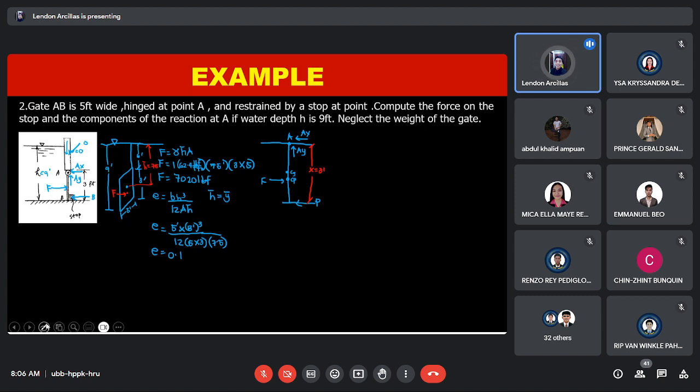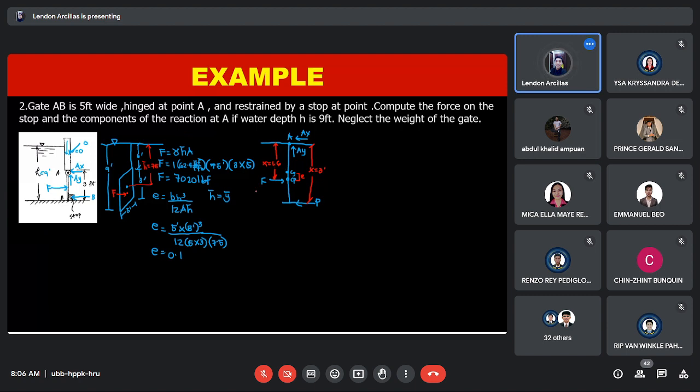CG is half of 3 feet, which is 1.5 feet. So 1.5 feet plus E, 1.5 plus 0.1, that is 1.6. Gets ba yun? Bakit naging 1.6? This is half of 3 feet, 1.5 plus 0.1, that is 1.6.